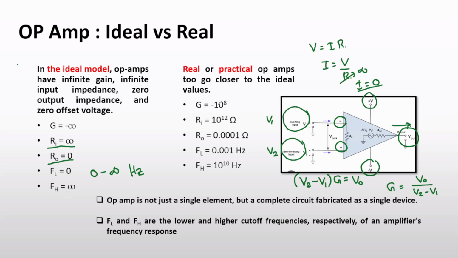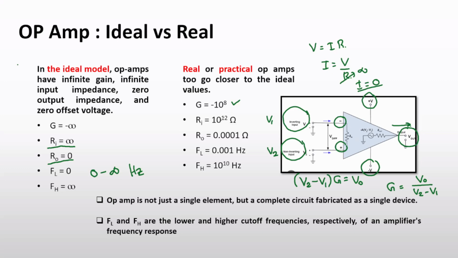But in practical op amps, the gain is not infinite. It's about minus 10 to the power 8. In an ideal op amp, the input impedance of these terminals is infinite.